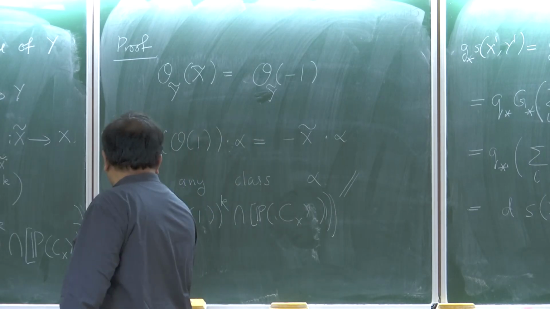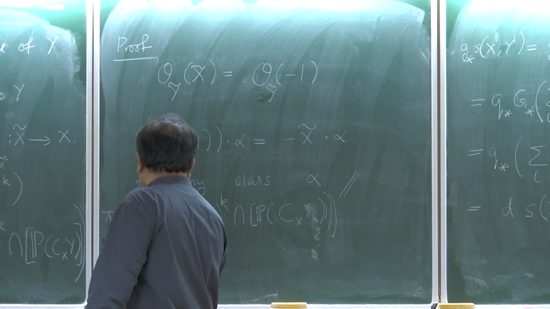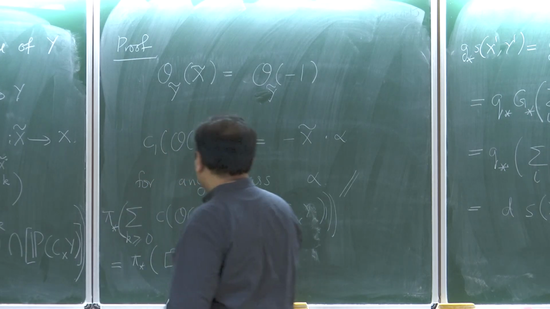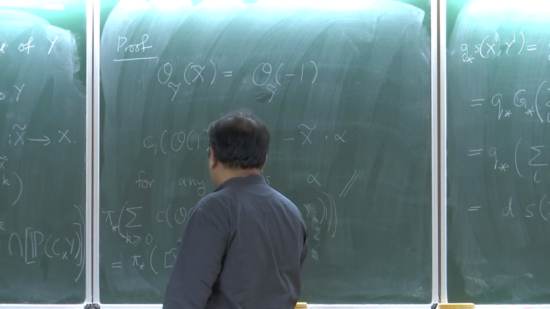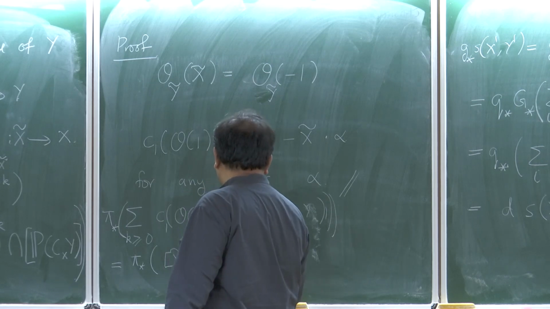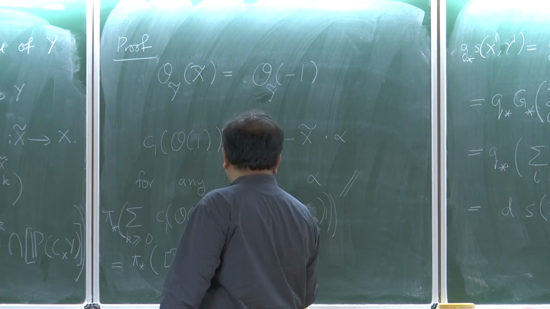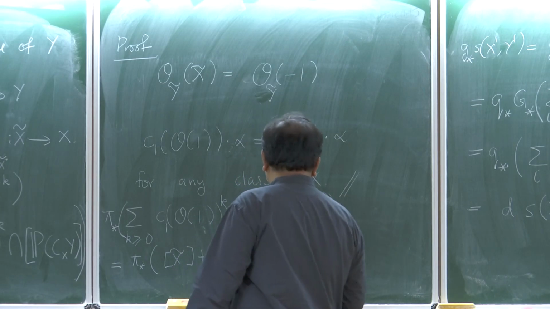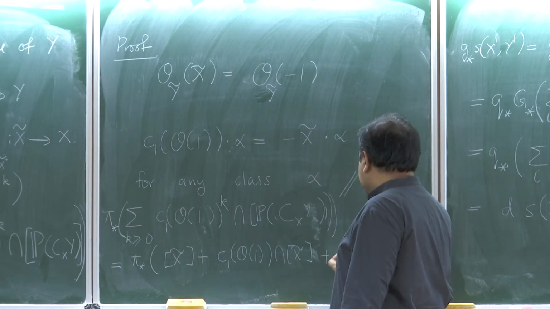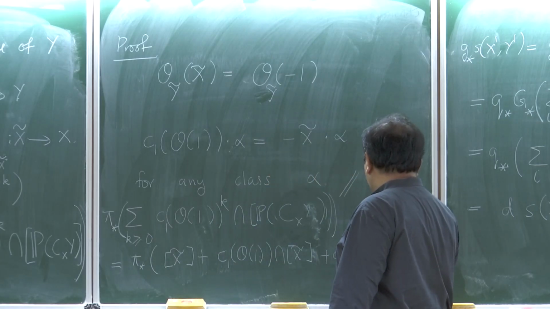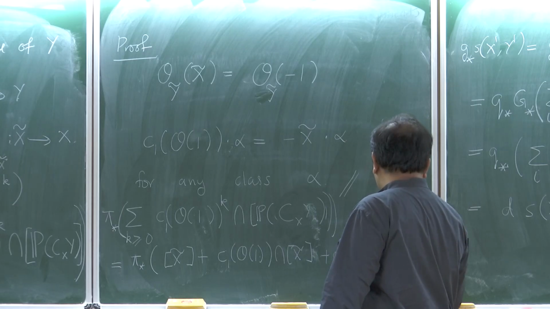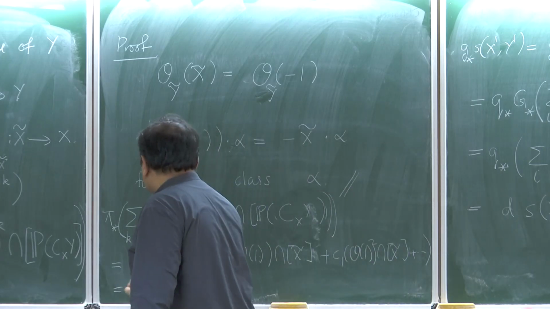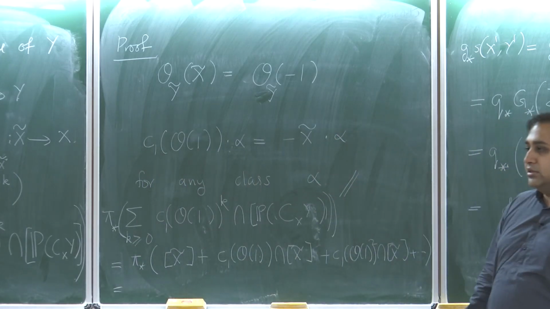So this is equal to pi lower star of x tilde plus the Chern class of O1 capped with x tilde, and plus the Chern class of O1 squared capped with x tilde, and so on. So this is what it is, and now replace all these by minus x tilde.